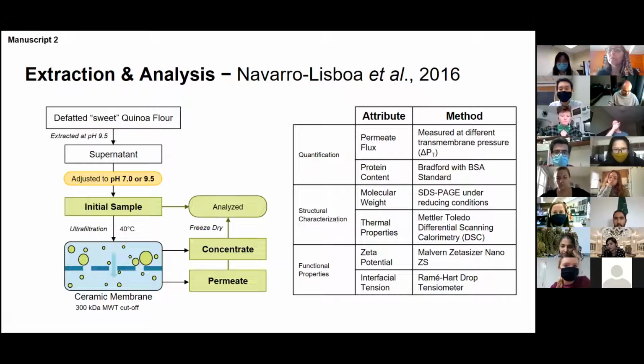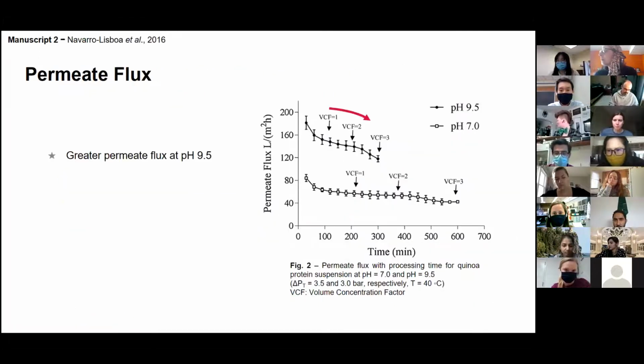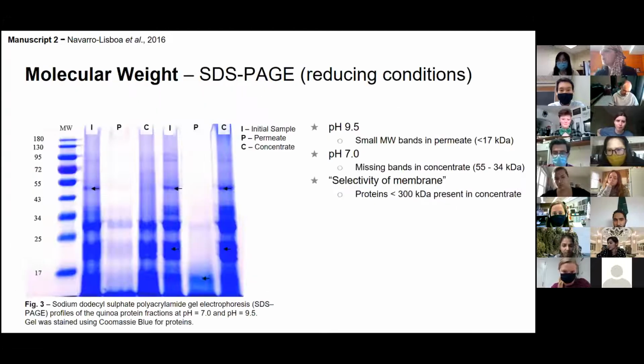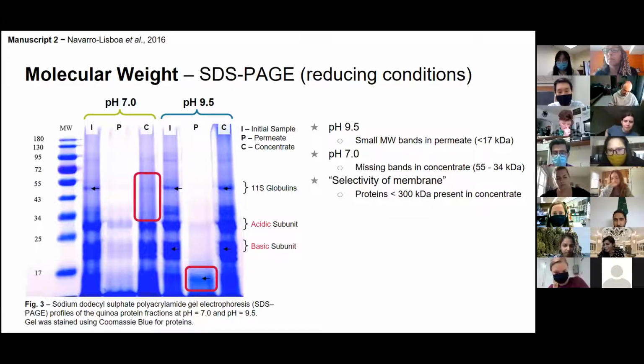Yeah, just maybe it's a dumb question, but under the SDS-PAGE results, let's pick the paper by Navarro Lisboa, about third paragraph down, it says that the proteins below the membrane cutoff remain to concentrate, where the proteins smaller than the cutoff pass through into the permeate.